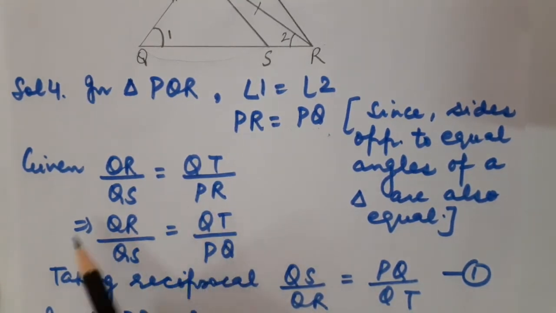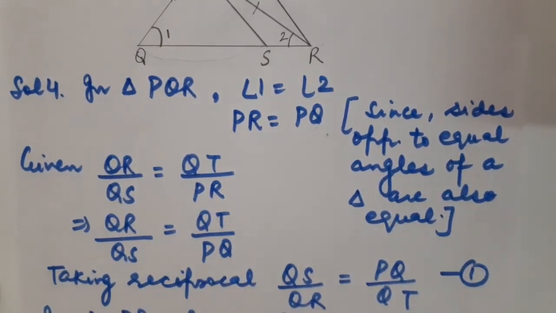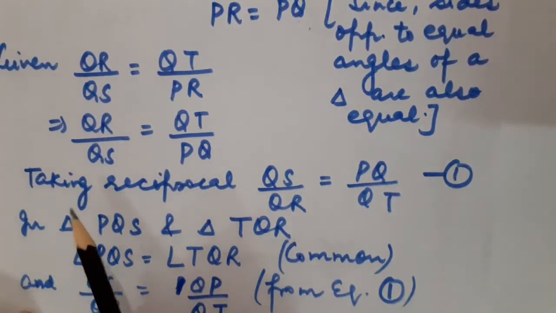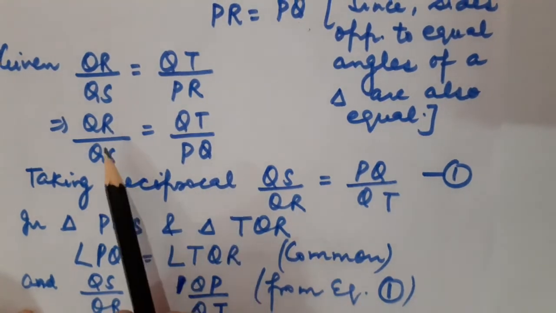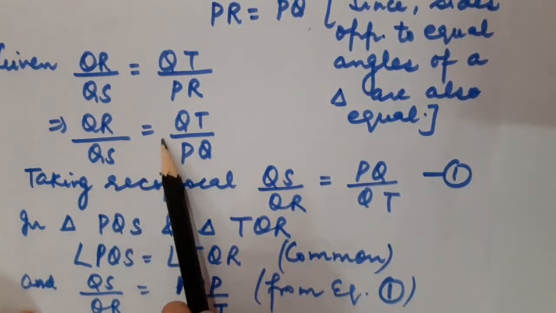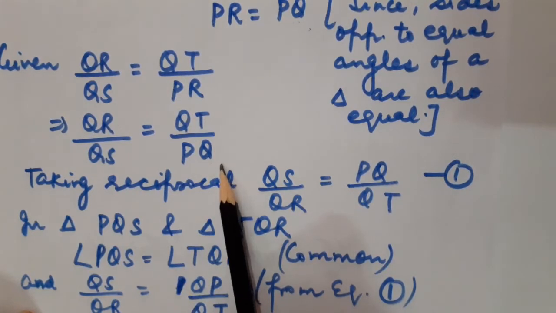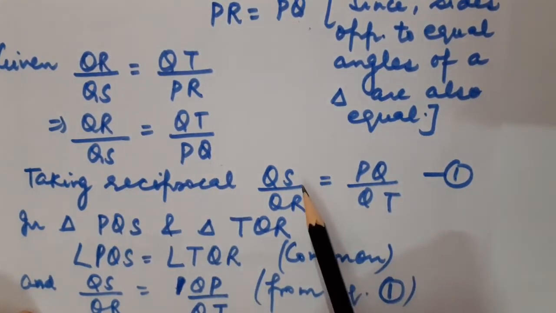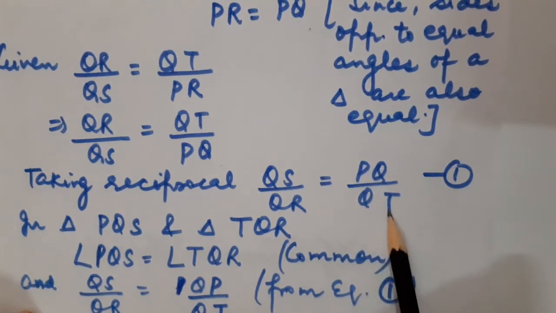Now basically I want to apply either of the three criteria to prove that triangle PQS is similar to triangle TQR. So children, for that I am going to take the reciprocal of QR upon QS is equal to QT upon PQ. So after taking reciprocal, I have got QS upon QR is equal to PQ upon QT.